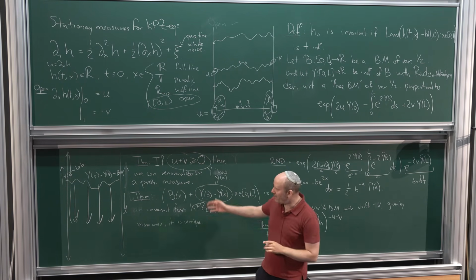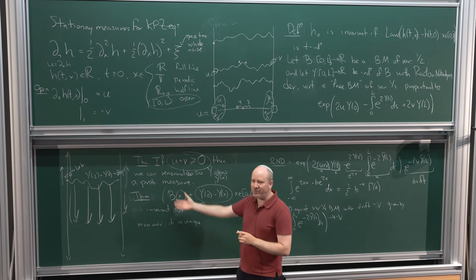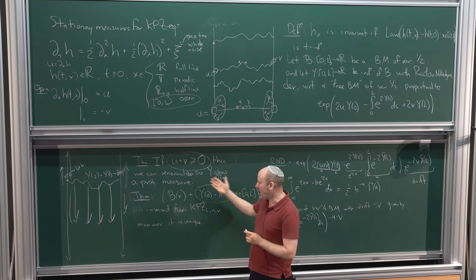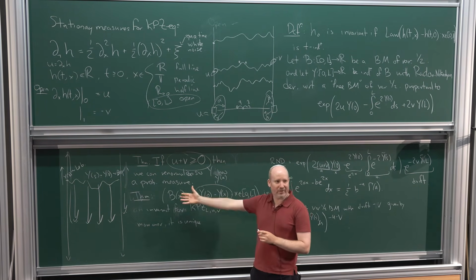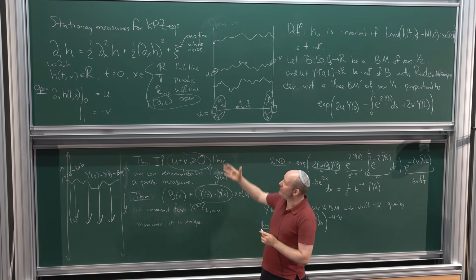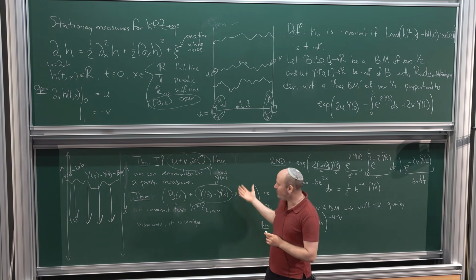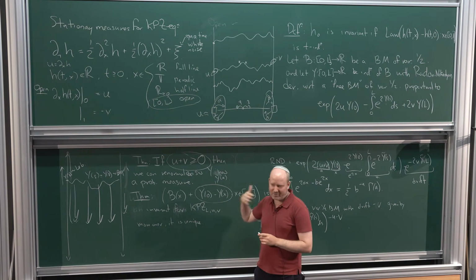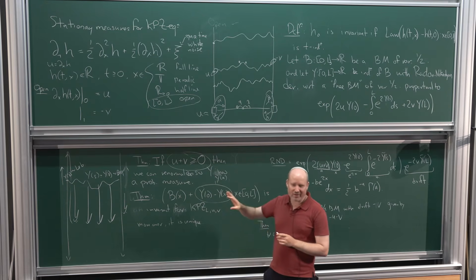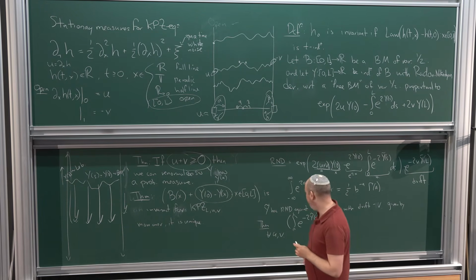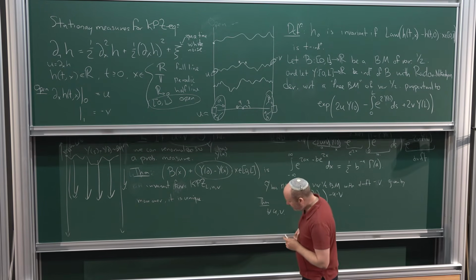I haven't explained to you at all in what sense or why this is the stationary measure, right? Like you might want to just hit it by the generator of the stationary open KPZ and check that you get 0 or something like that. Doing that directly seems hard, but doing that at the level of the discrete model turns out to be pretty manageable.